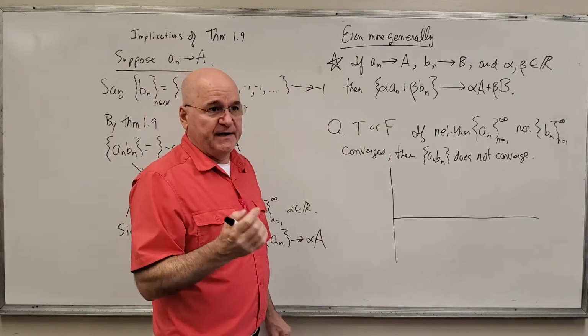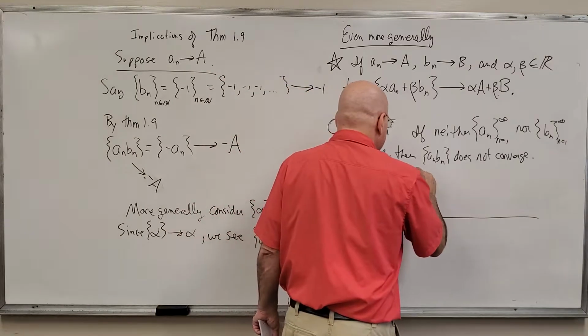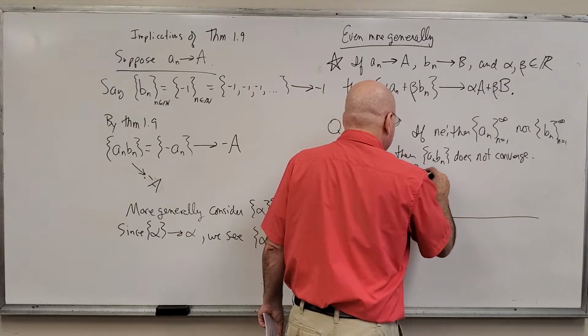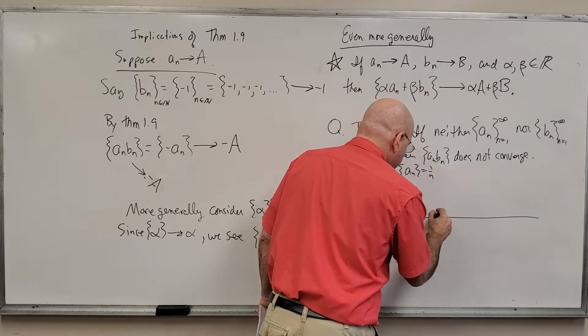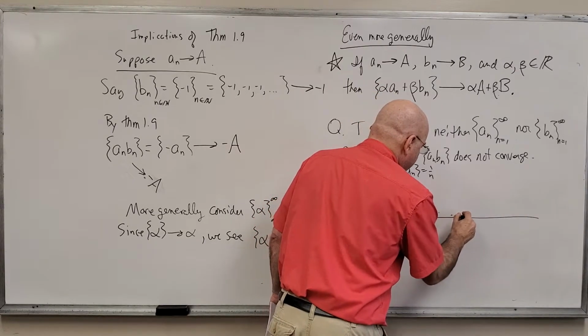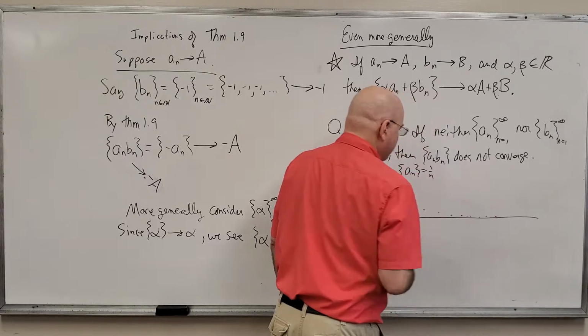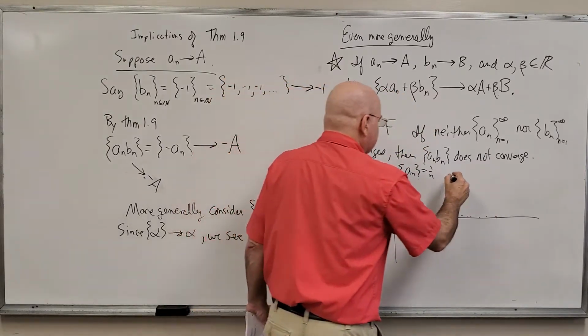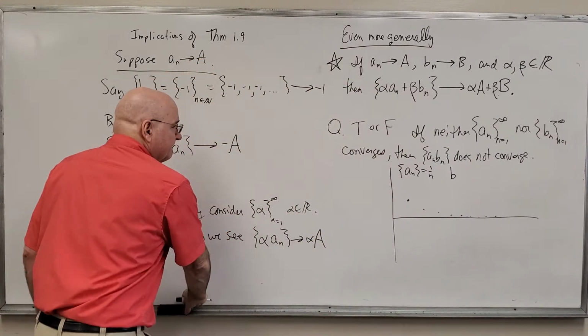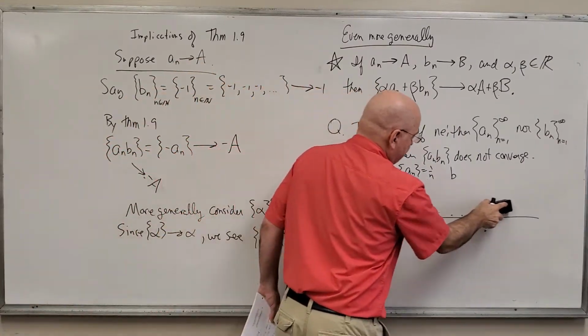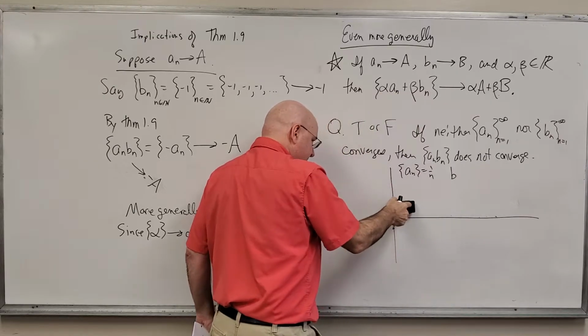Let's take an is 1 over n. So it starts with 1, then 1/2, then a third, a fourth, a fifth, and so on. And then bn, what could I take? Oh, sorry, let's see. That's convergent. This will be my example for the next theorem.